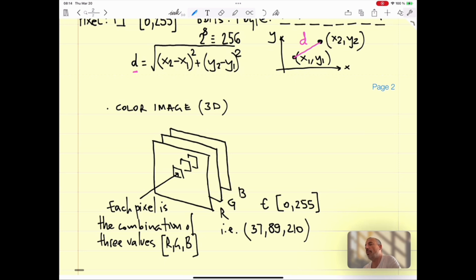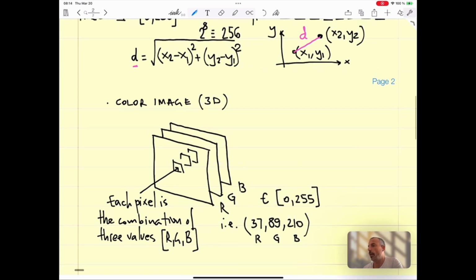Because we have 3 channels, it's always RGB, so we don't need to say that explicitly. First red, then green, then blue. The combination gives you the color, but the principle of the distance is still the same.